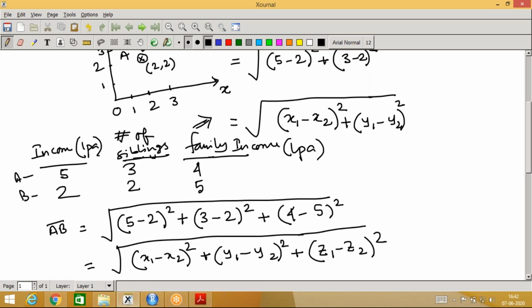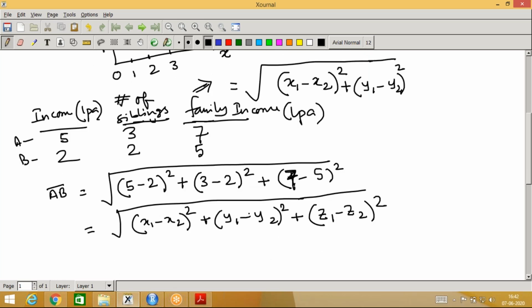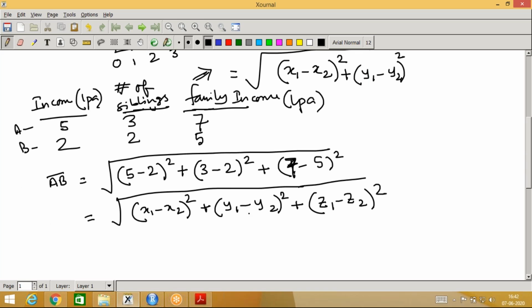Oh, this cannot happen, sorry, because of 5, the income of this person. So let's assume this is 7. Then 7 minus 5 squared. Okay, are you with me at this point? Now, instead of lakhs per annum, by chance if I measured it in K per annum, then these would have been 500 and 200.